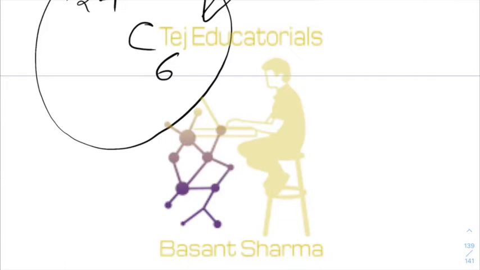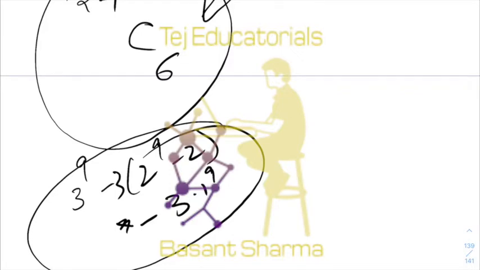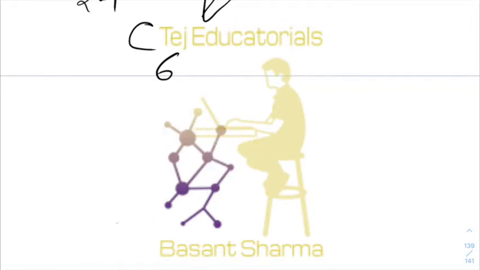There the solution was something like 3^9 - 3 × 2^9 + 3 × 1^9, something like this. If you have seen the previous lectures, then you would remember that. So the logic that was used there would be used here as well.